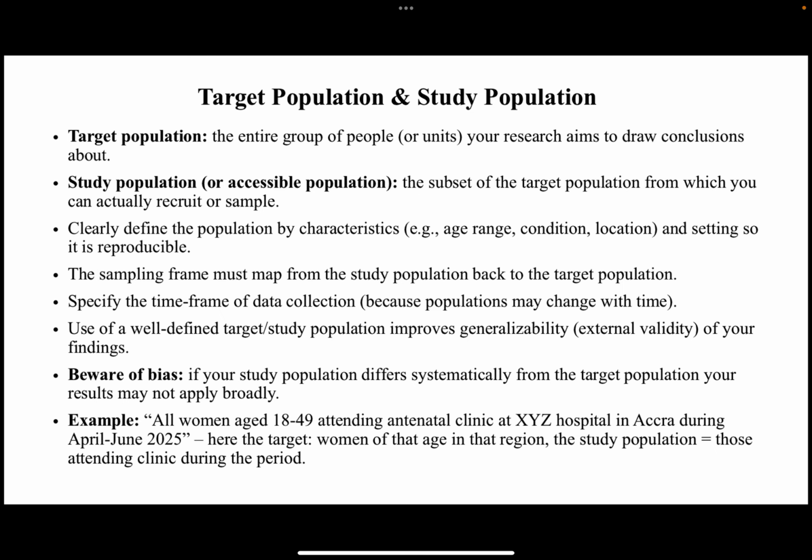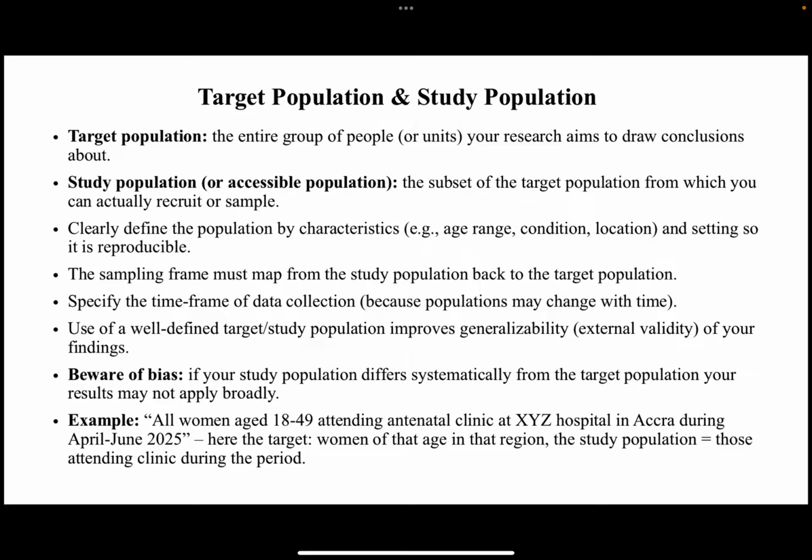Now let's move on to target population or study population. This is one of the areas that you have to cover in the methodology section of chapter 3 of research projects. Now, what is a target population?